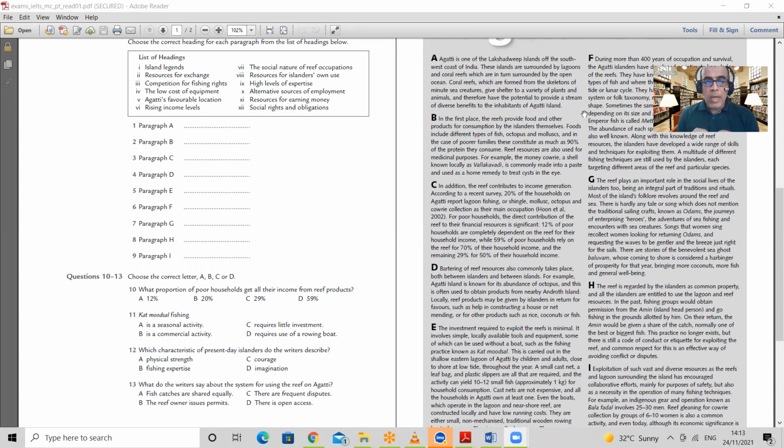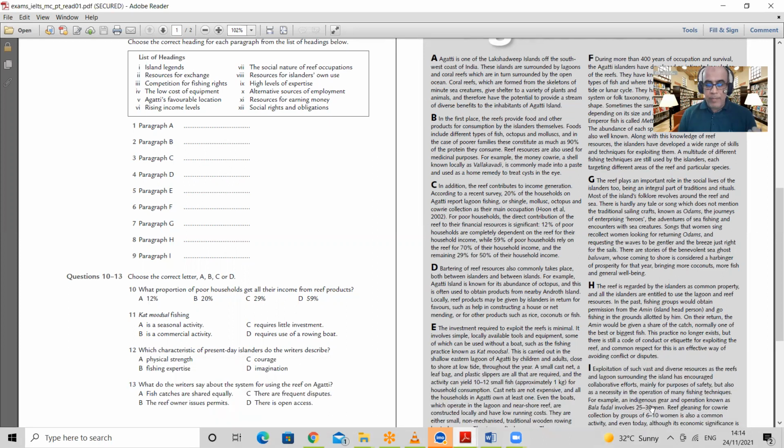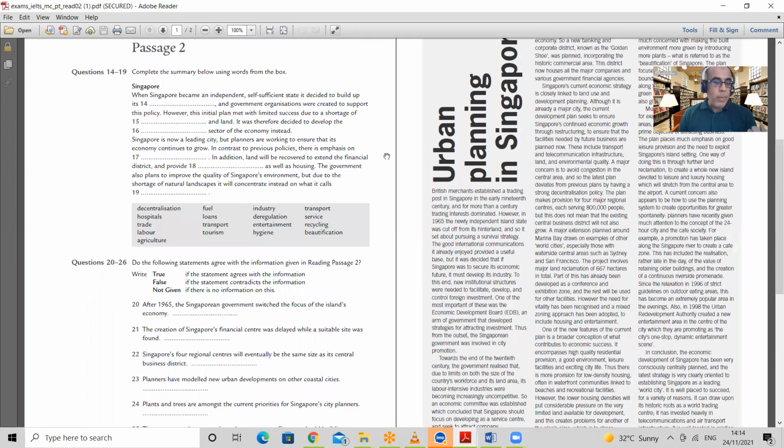I'm going to explain how you can decide what should be the best answer for the question in terms of matching headings for the paragraph. We're also going to look at the other question type, which is summary completion.